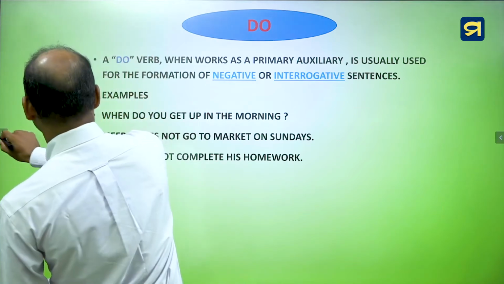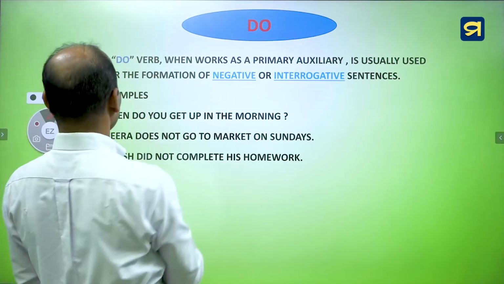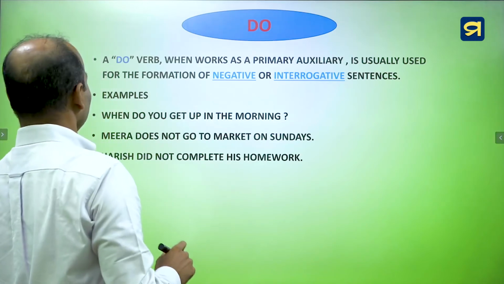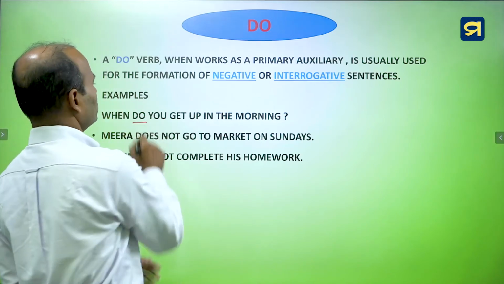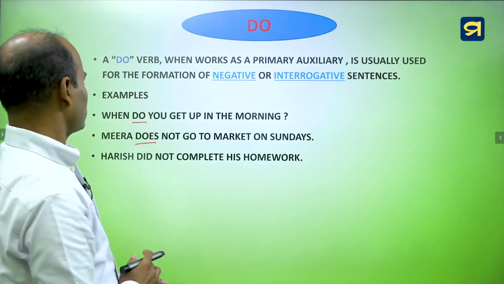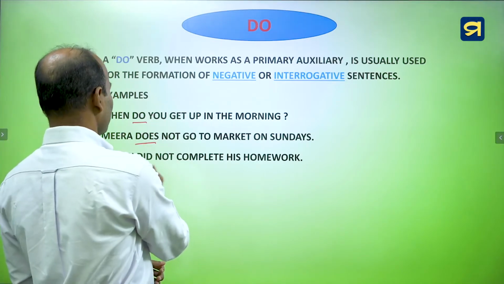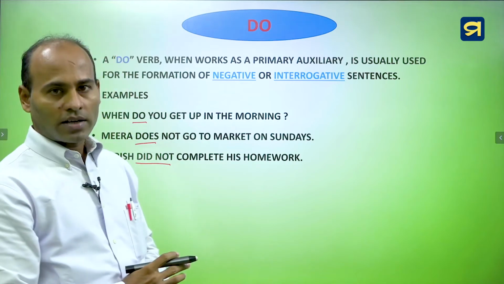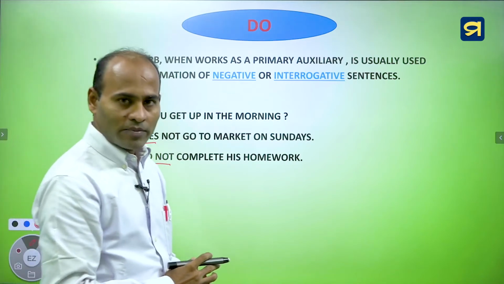So you can see the examples given here. When do you get up? In the morning. Mira doesn't go to market on Sundays. Hari didn't complete his homework. Okay? Very good.